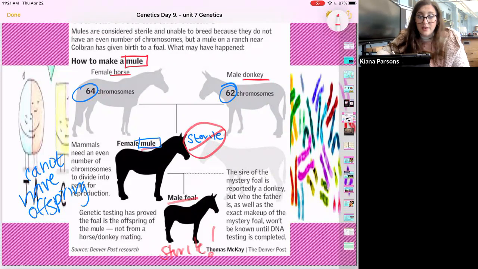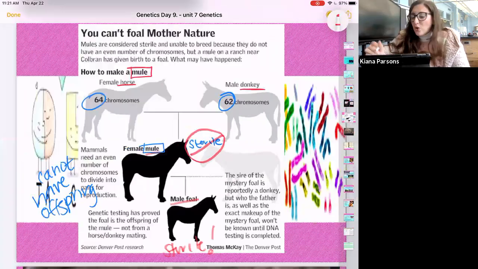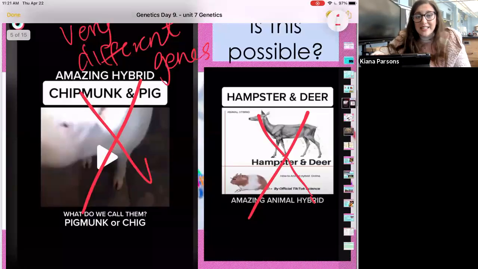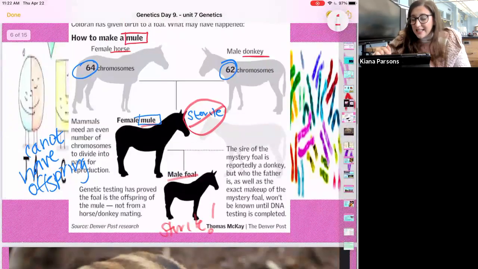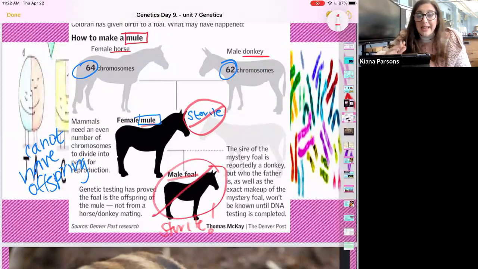But forgive me, in short, don't believe everything you see on TikTok. And in this case, this was a trick as well. You're only going to produce a female mule that is not going to be able to have any offspring.